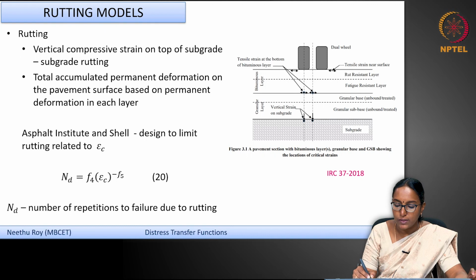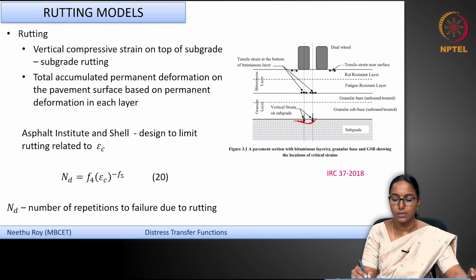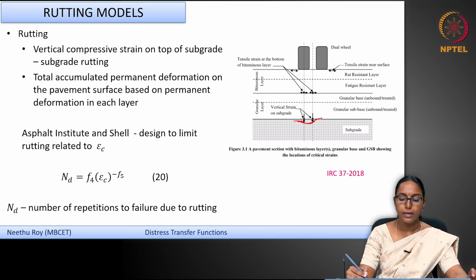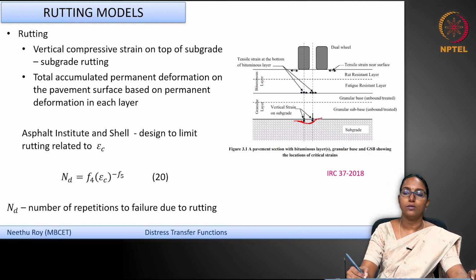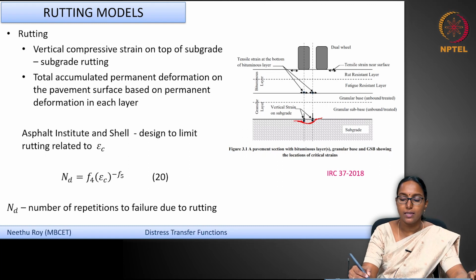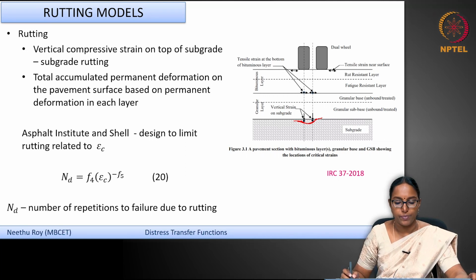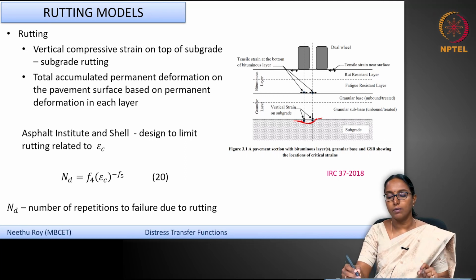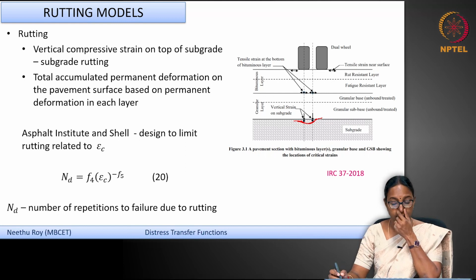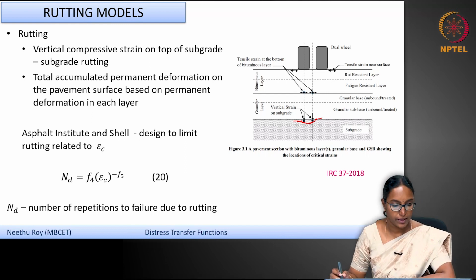The assumption is that you see a rutting on the top of the subgrade layer, and this rutting gets transferred, and you see that as a rutting on the top of the pavement surface. Essentially, the rutting in all other pavement layers is not considered when you talk about subgrade rutting.